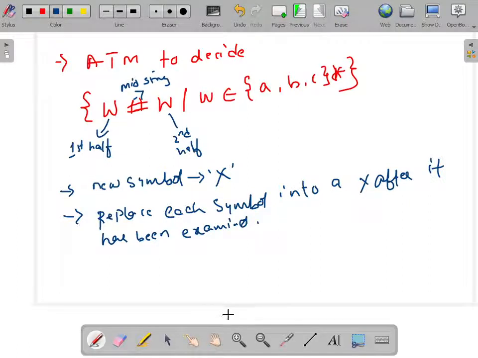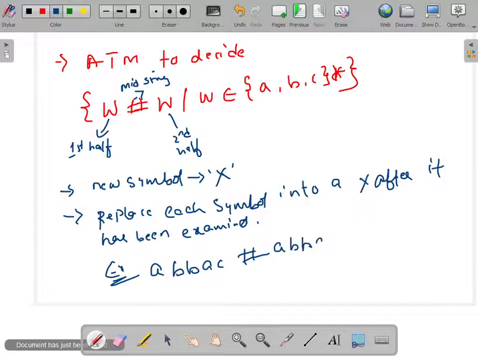Okay, so I am taking an example: A B B A C hash A B B A C. So these are the two strings, and I want to compare whether both are equal or not.